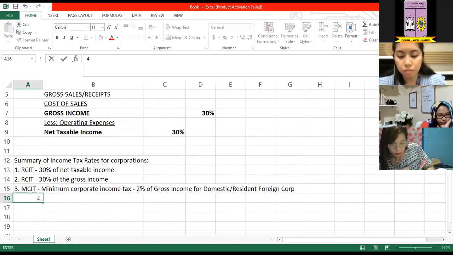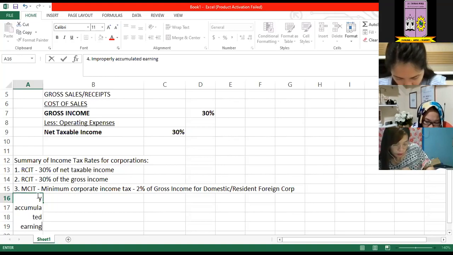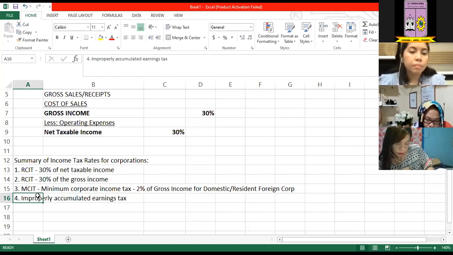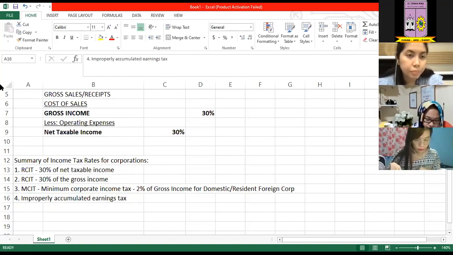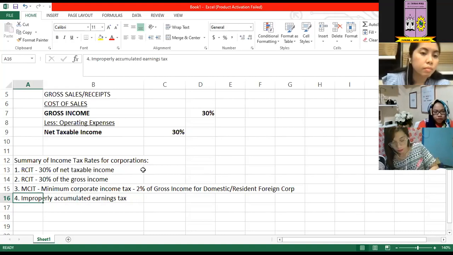Okay? And, may kulang dito, no? Kulang yung tawag doon, improperly accumulated earnings tax.